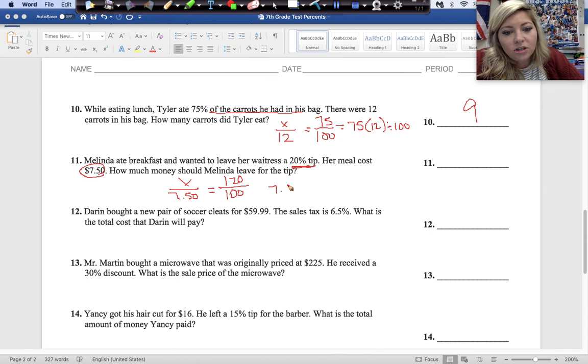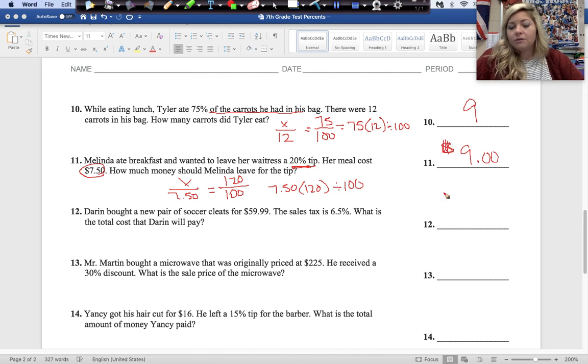So then we just do $7.50 times 120 divided by 100, and that'll also be 9. Technically, it would be $9 because we're talking about food and money and how much it would cost. So $9, but if you just put 9, fine.